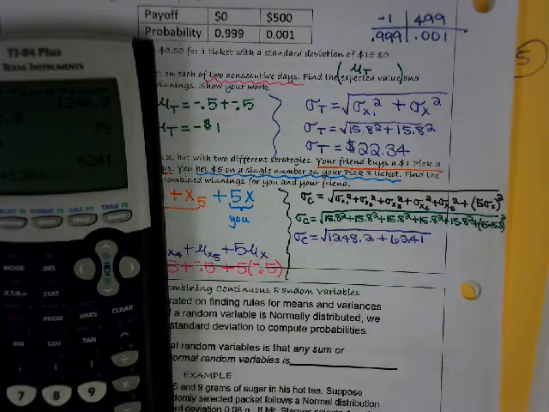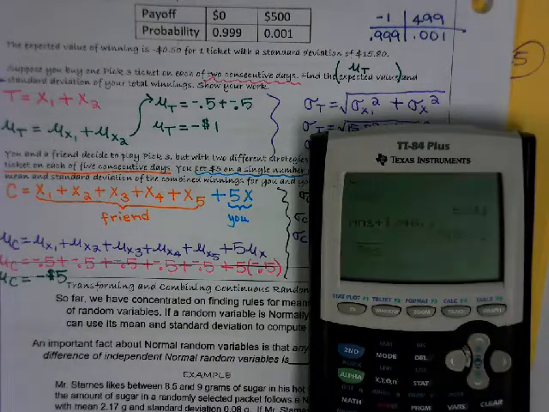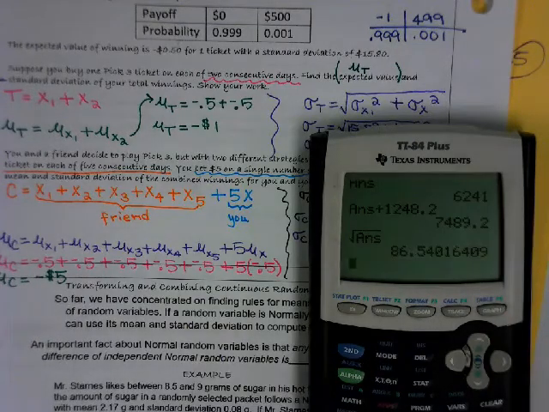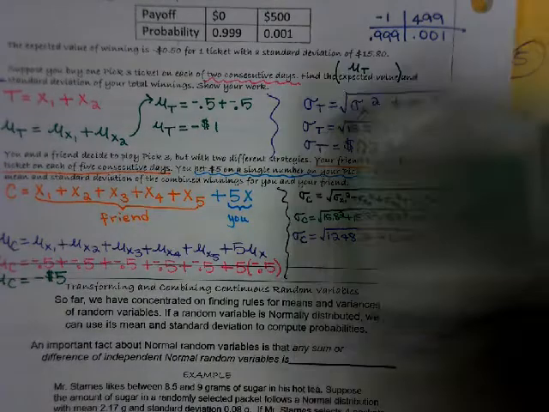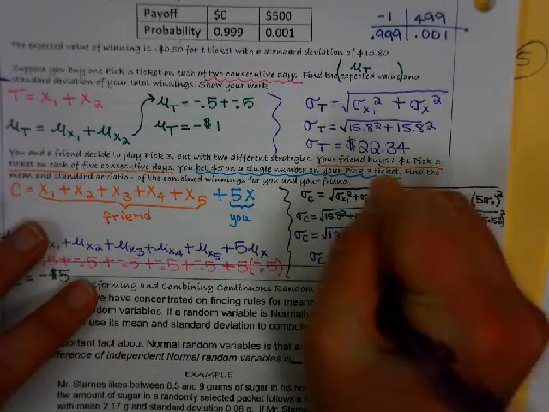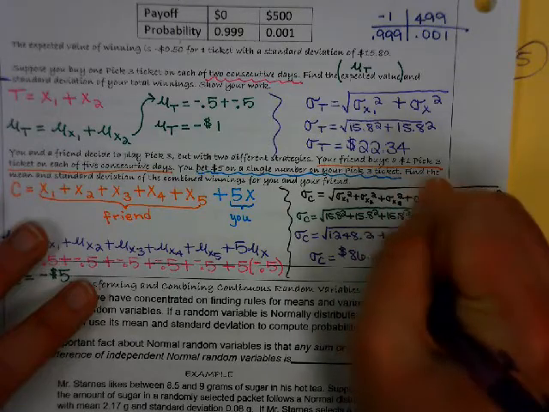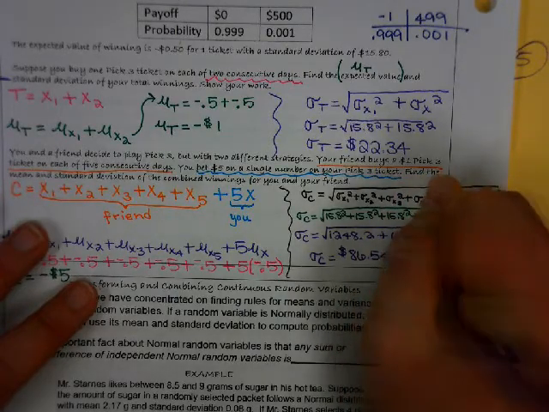And so we get a standard deviation of 86.54. I went to 2 decimals because it's money. We're looking at the amount of winnings here. Questions?